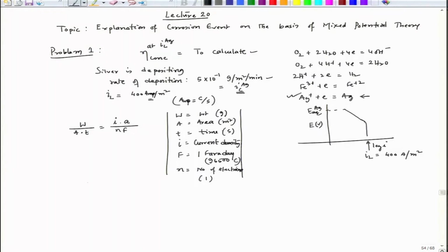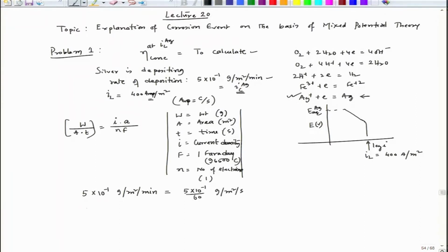If we see this particular quantity, it is basically 5 into 10 to the power minus 1 gram per meter square per minute. I have to convert this into gram per meter square per second. So, 5 into 10 to the power minus 1 divided by 60 becomes gram per meter square per second.